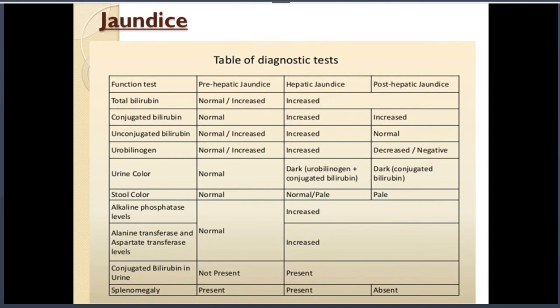Post-hepatic jaundice is when there is nothing wrong with the RBCs and nothing wrong with the liver, but after being converted into conjugated bilirubin, it cannot pass out because there is some problem in the extrahepatic system. So we have already discussed all these things.